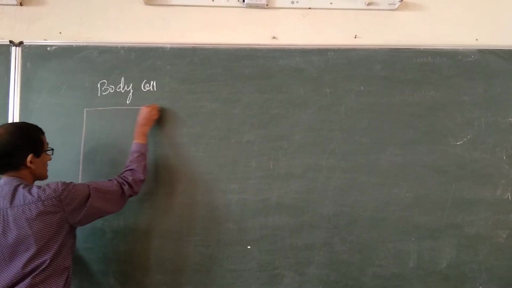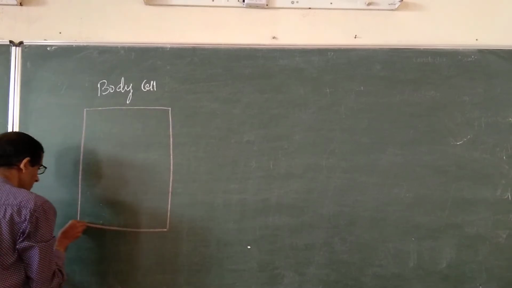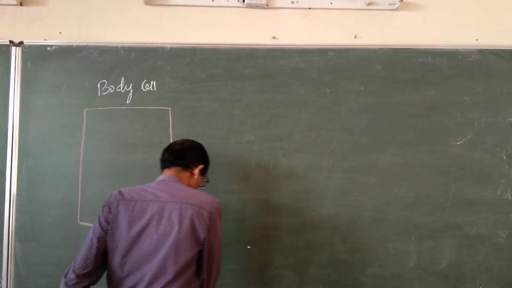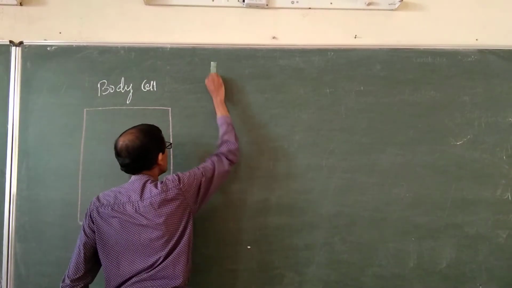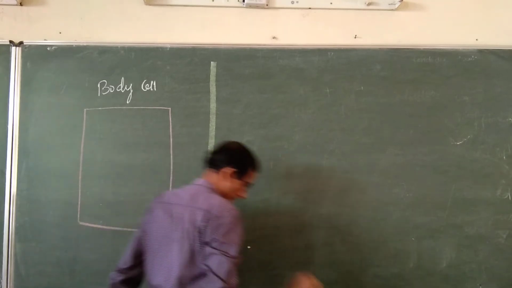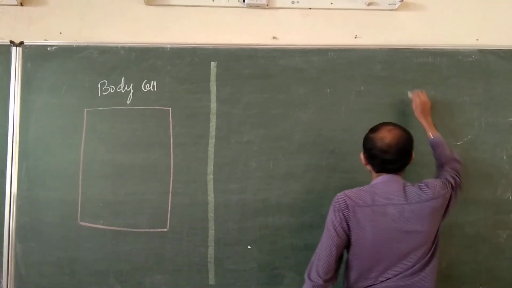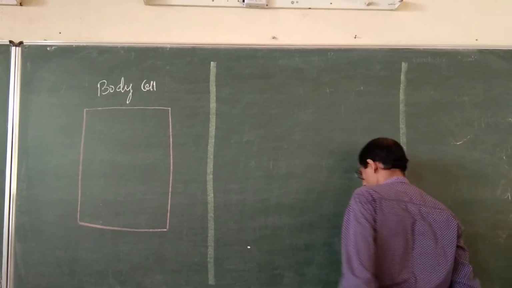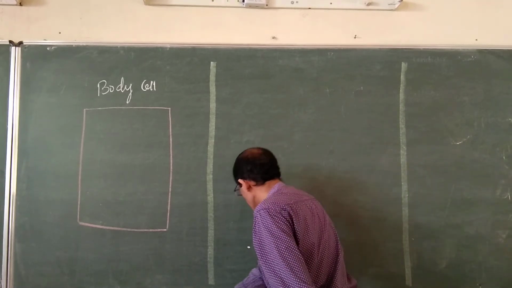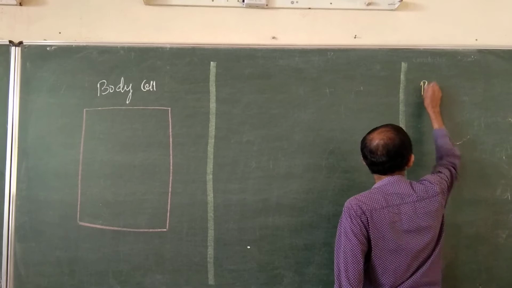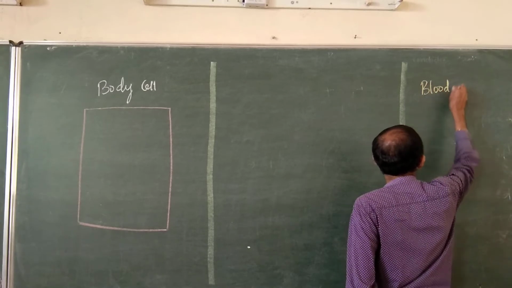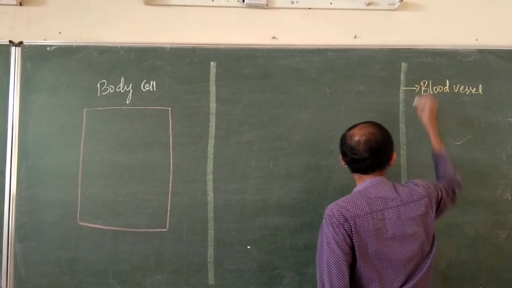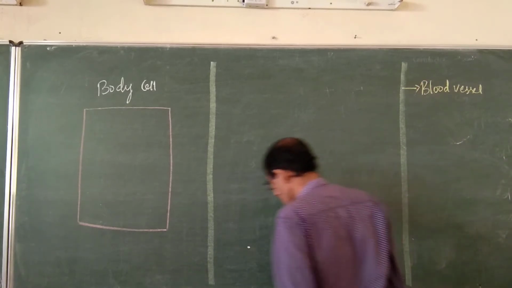This is the representation of a body cell, and here we can observe the blood vessel.